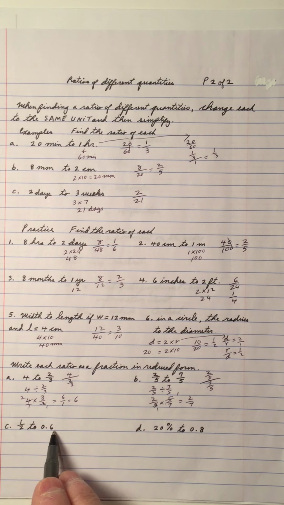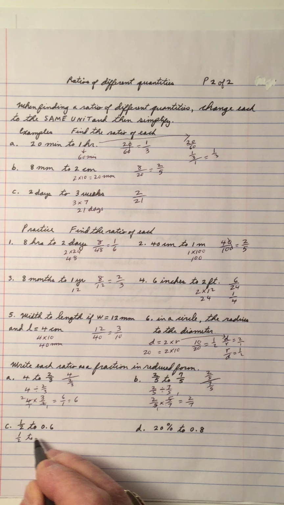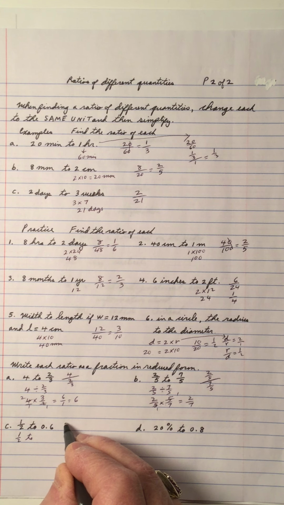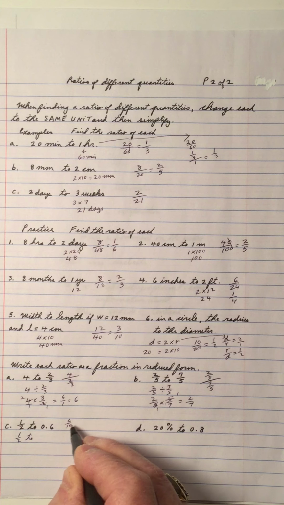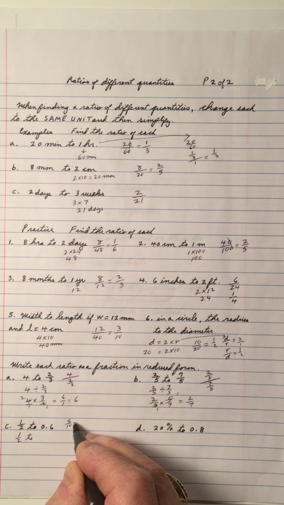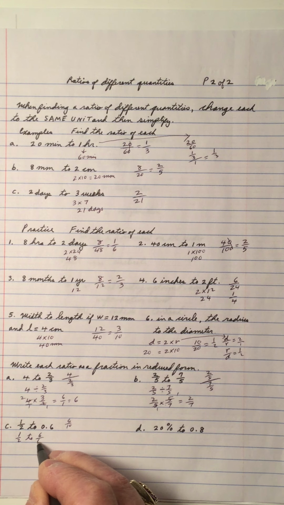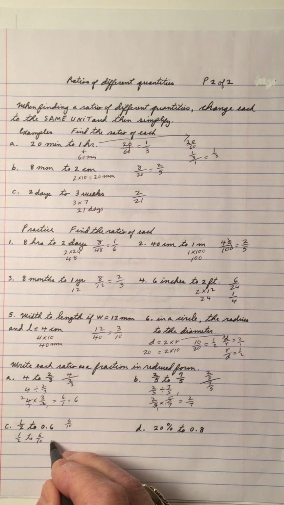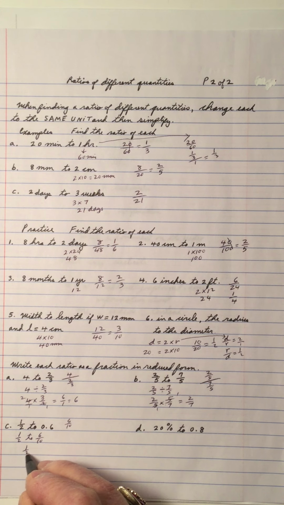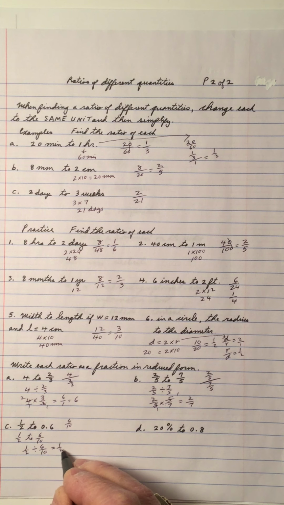So you can write it like this, and then multiply by the reciprocal, or write it as a division sign. Now we want this as a fraction. So 1/2 to decimal 0.6. So decimal 0.6 is 6/10. And 6/10, I can leave it as 6/10, or I can do it as 3/5 if I want. But if I leave it as 6/10, so that's a half divided by 6/10, which is a half times 10 over 6.